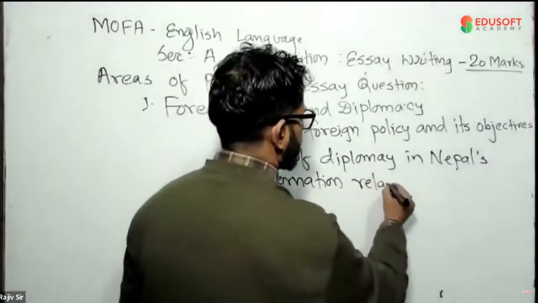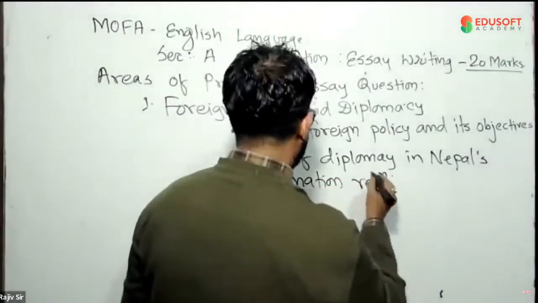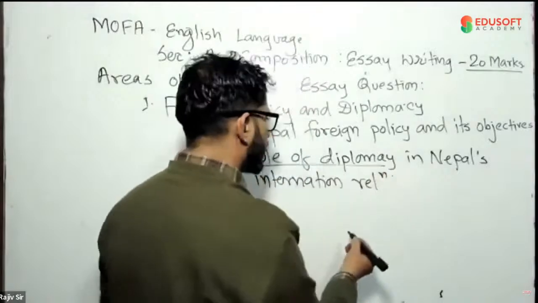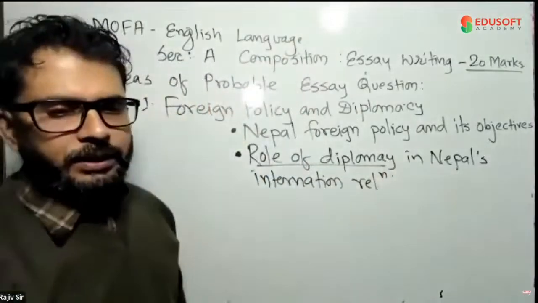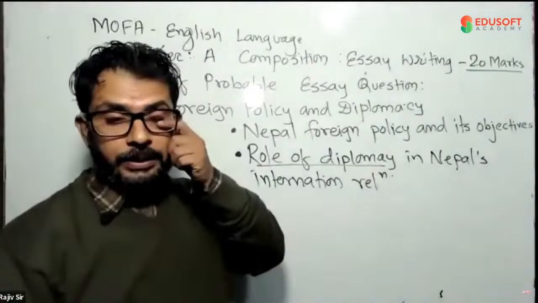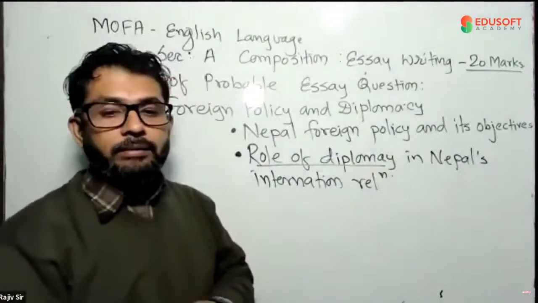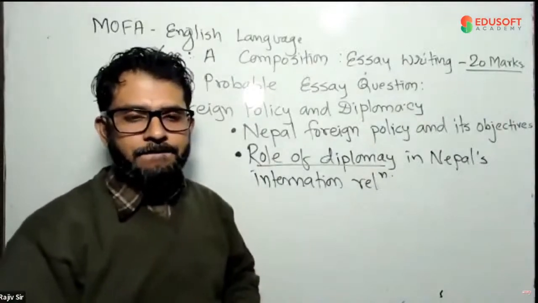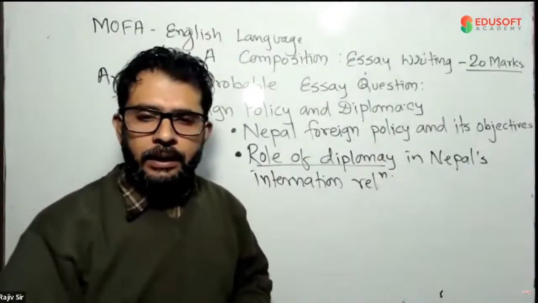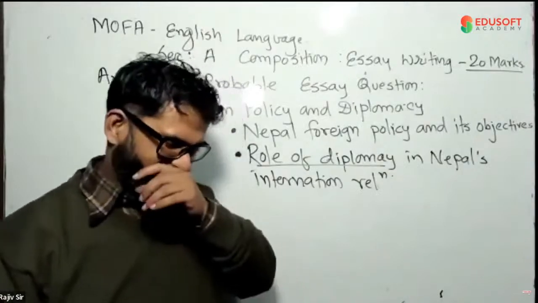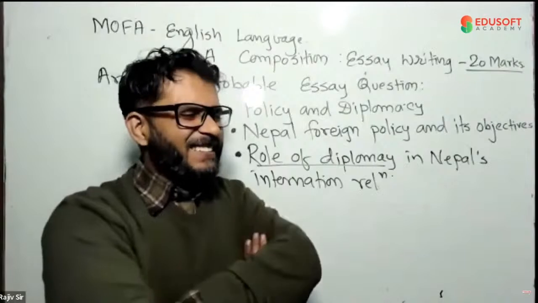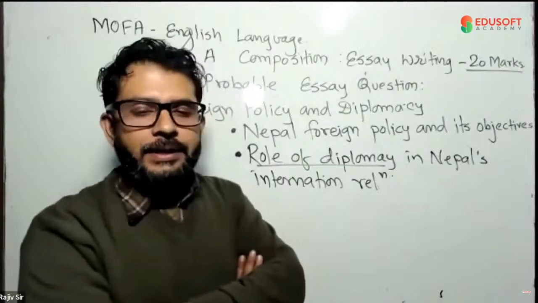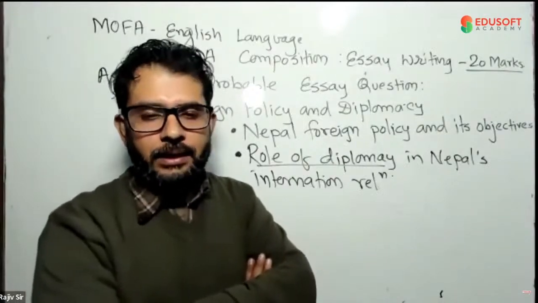Can somebody tell me what the role of diplomat or diplomacy is in the international relationship of Nepal? They are equality, safeguarding freedom, sovereignty, territorial integrity, independence. That's true. They are the representatives of the nation in the international arena.